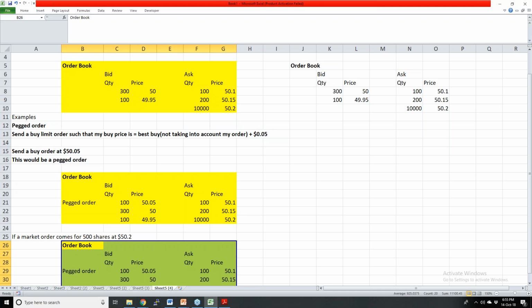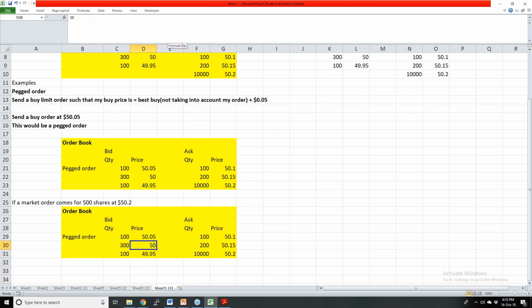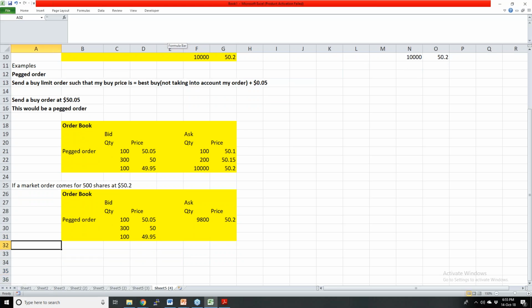Say this happens. My pegged order will still be there, but this would change to 9800 at 50.2. And then another person sends a limit order at 50.1.